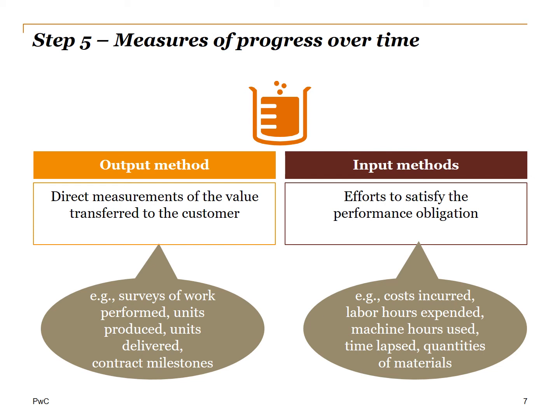Judgment is needed to determine which input measure is most indicative of performance, as well as which inputs should be included or excluded. An entity using an input measure should include only those inputs that depict the entity's performance towards satisfying a performance obligation. Inputs that do not reflect performance should be excluded from the measure of progress.